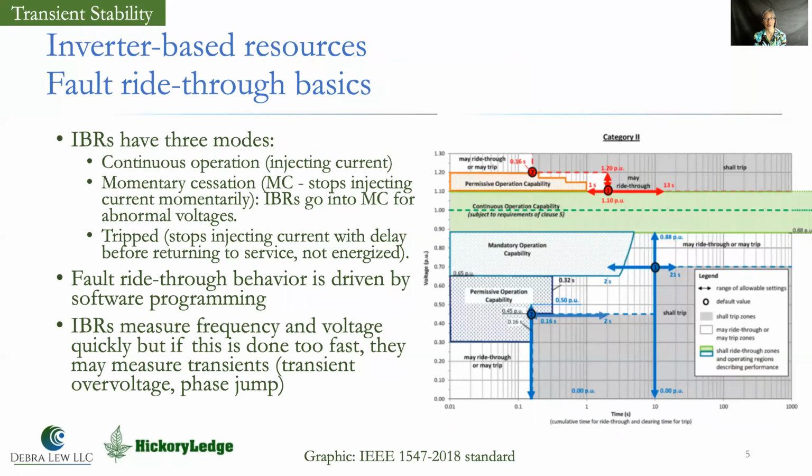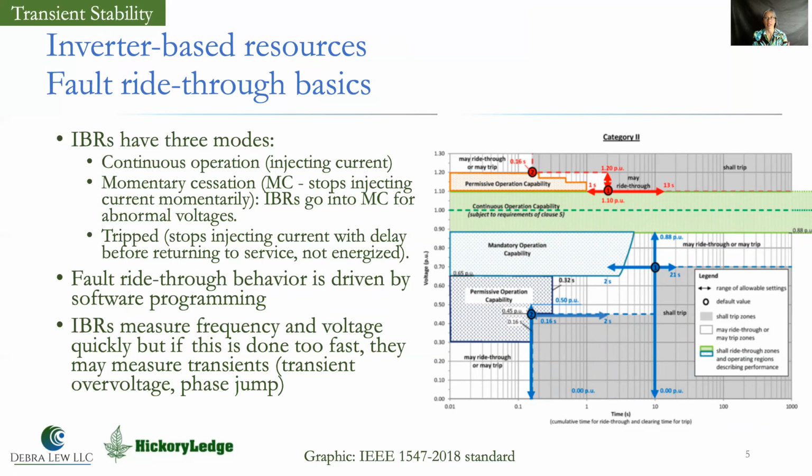Now, inverter-based resources, it turns out they've got three operating modes. There's on and there's off, but there's a third mode called momentary cessation. Momentary cessation is when an inverter senses that the voltage is abnormal, it's outside of normal operating ranges, and an inverter blocks the injection of current and the injection of power into the grid.